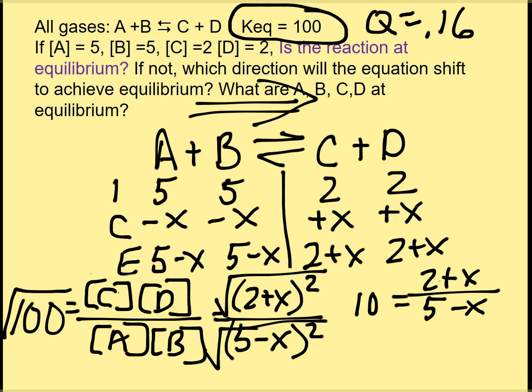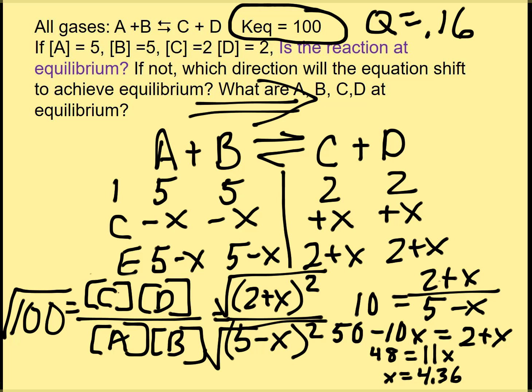And then I just need to do my math. Get all the x's on one side and all the numbers on the other side. So I have x equaling 4.36.